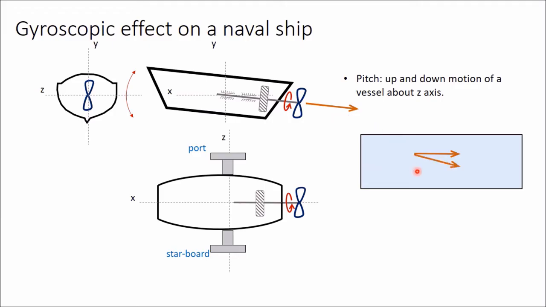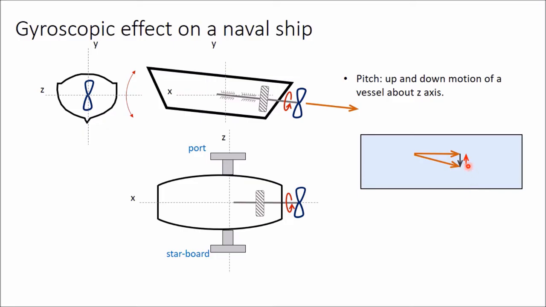So this is the vector after a small time t. This is the initial momentum, this is the final momentum. From the end point of the initial momentum to the end point of the final momentum will be the direction of the active gyroscopic couple, and the reactive gyroscopic couple will be just opposite to this.